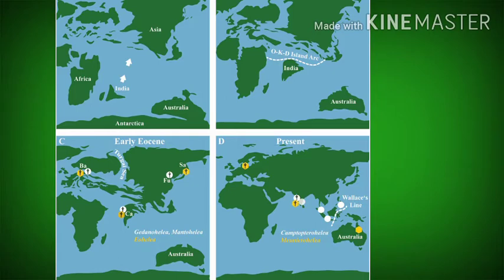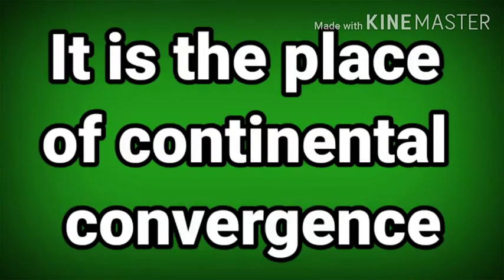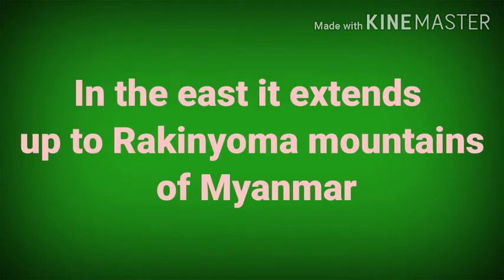The subduction zone along the Himalayas forms the northern plate boundary in the form of continent-continent convergence. In the east, it extends through the Rakhine Yoma mountains of Myanmar towards the island arc along the Java Trench.